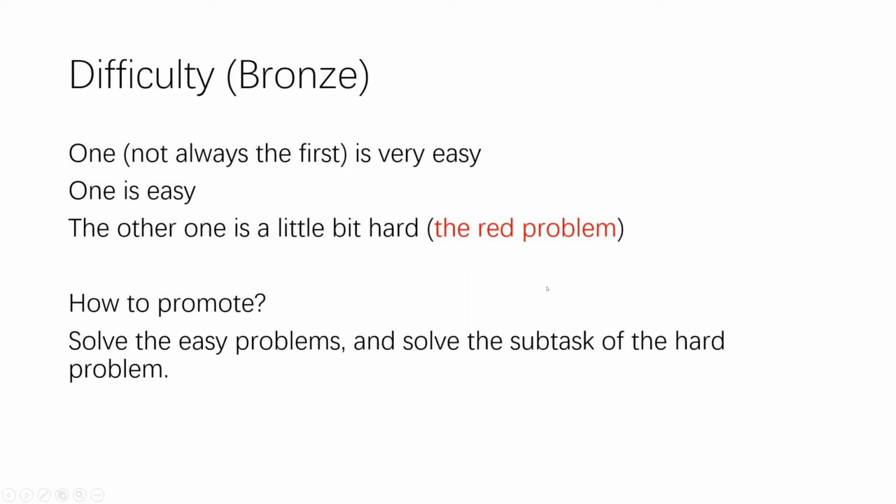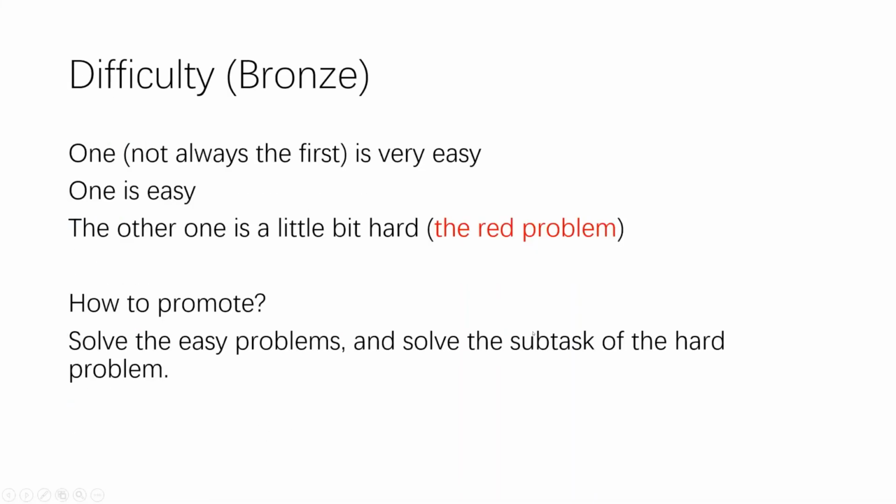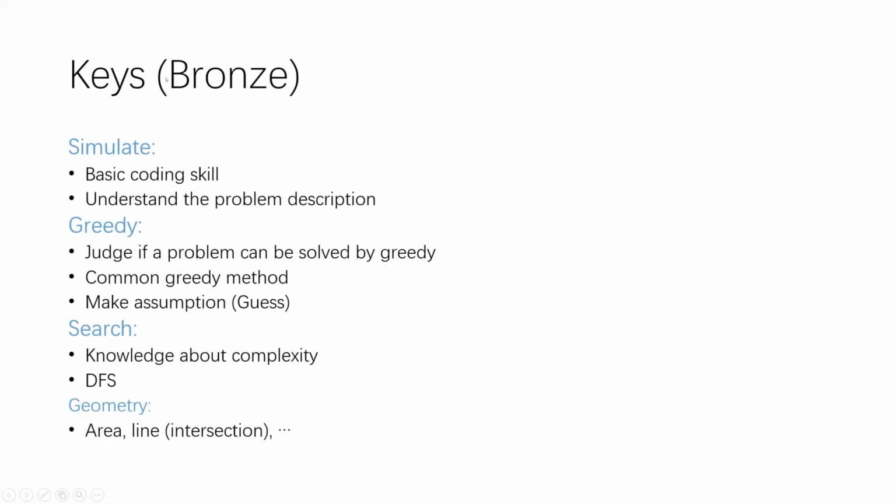So what are the keys to solve the easy problems and even solve the hard problem in the bronze level? First, for simulate problems, you need to have basic coding skill.